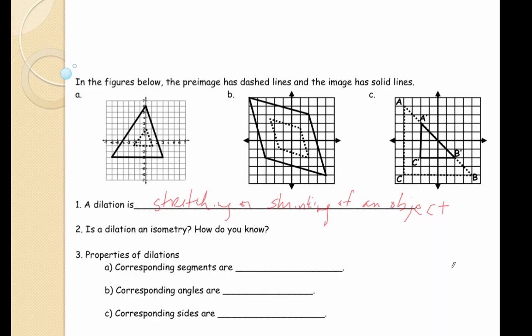So it is not an isometry. It changes their size, and really that's its whole goal. So no, it's different sizes, not equal measures.